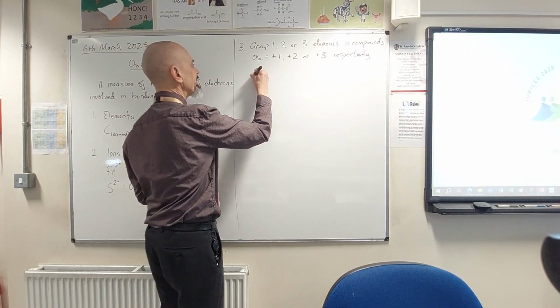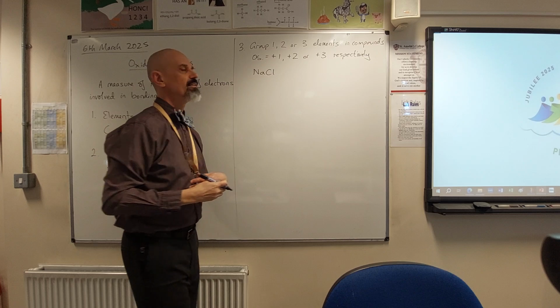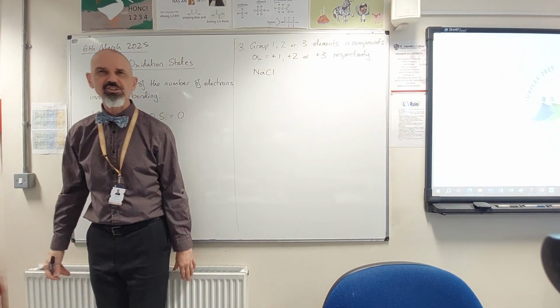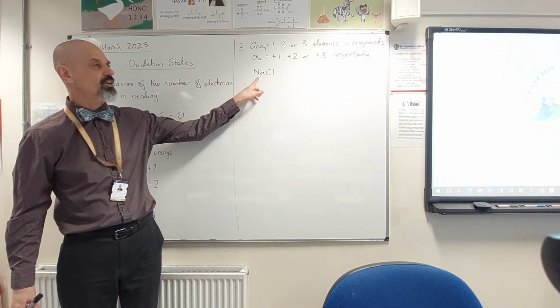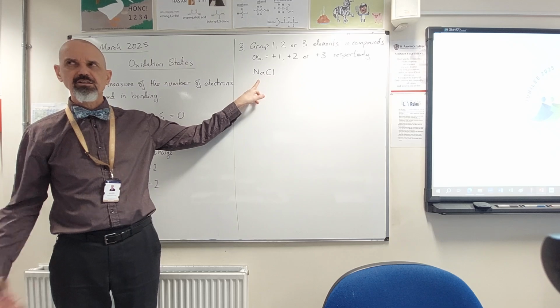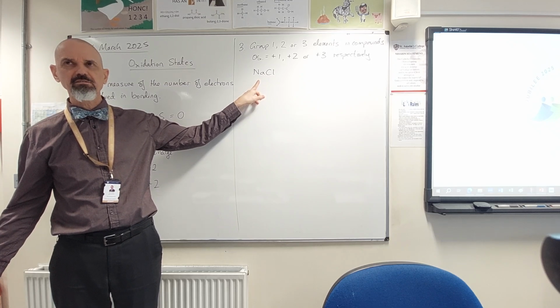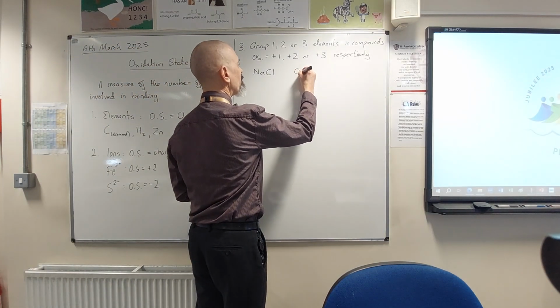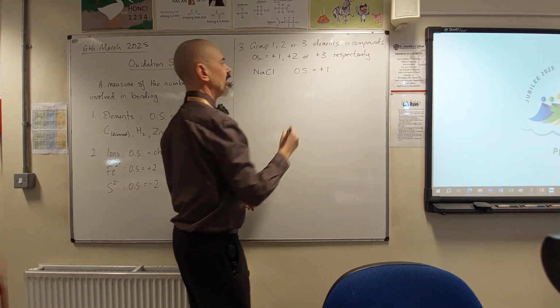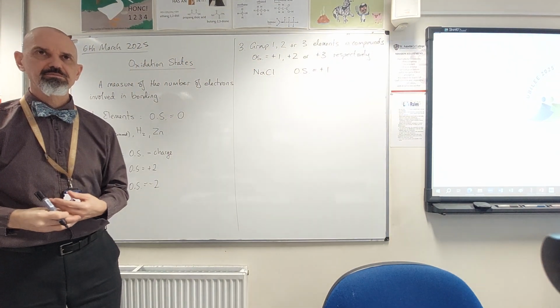If I write down sodium chloride, you probably don't have to think too far to realise that sodium is in group 1, so it's going to have a charge of +1. So therefore it's going to have an oxidation state of +1 as well.